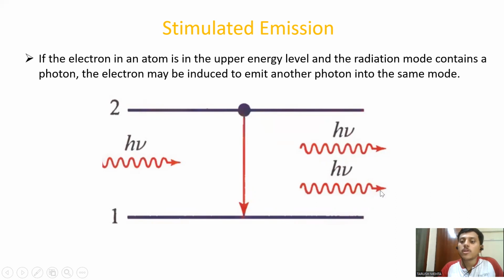Here, both the photons that come out will be identical in all aspects: they will have the same momentum, same energy, same phase, same amplitude, etc. So whenever the emission happens because of the triggering by some incident photon, it is called stimulated emission.